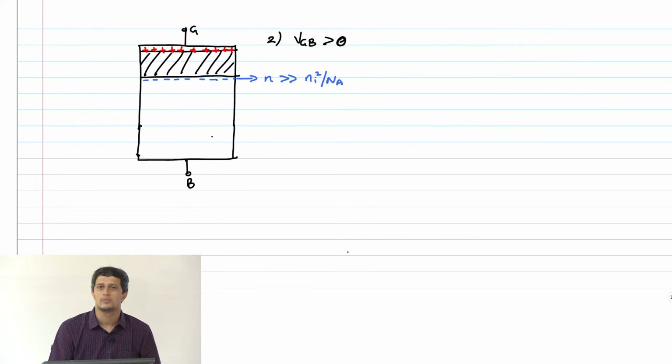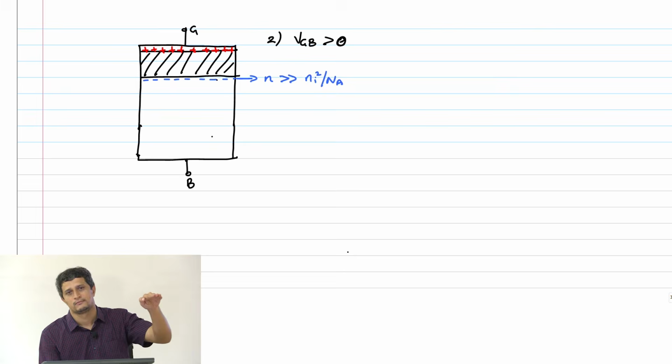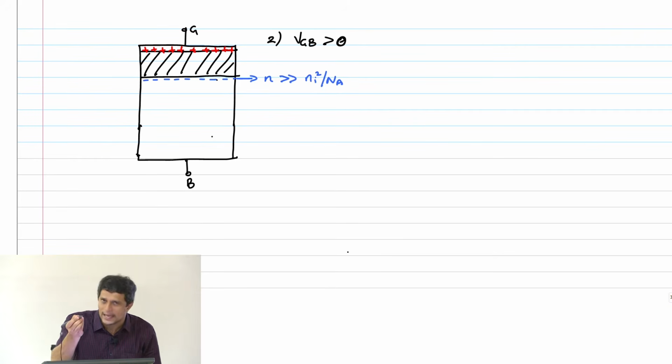So it's not possible to directly attract the electrons to the surface. As you attract electrons to that surface, you need to start developing a potential difference with respect to the bulk, right? And therefore, the other way to look at it is it's easier to repel the holes initially.